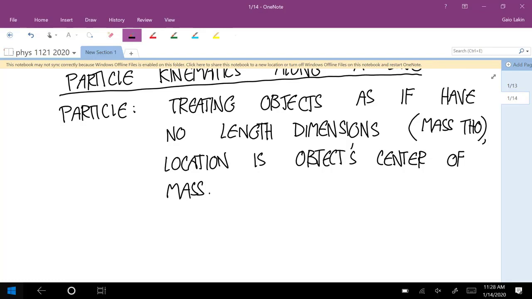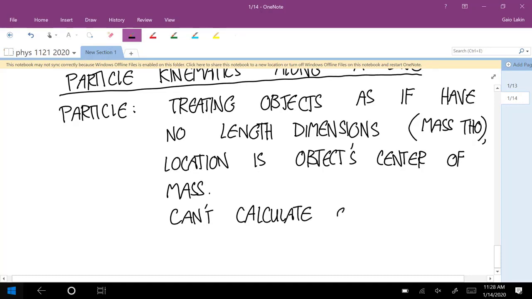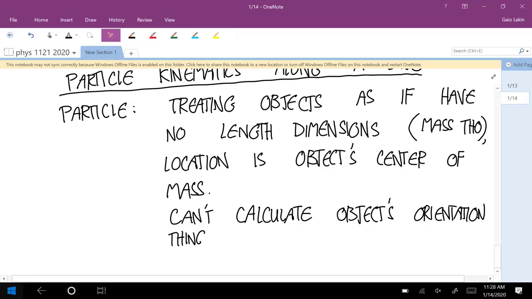But you can't calculate an object's orientation this way. So you can track where it goes, but you can't track which way it's facing.